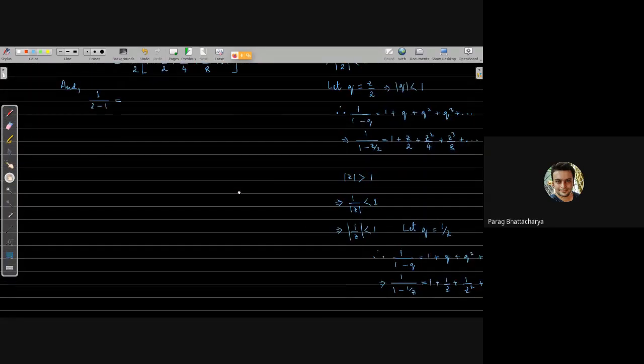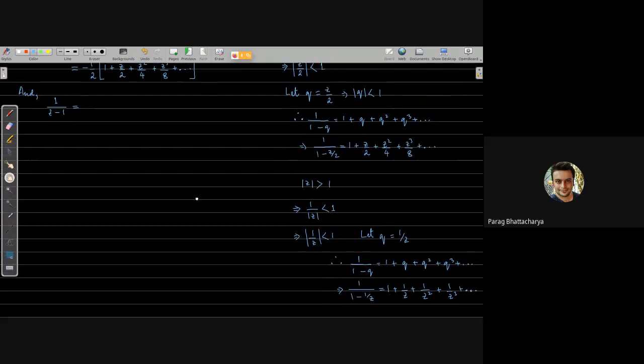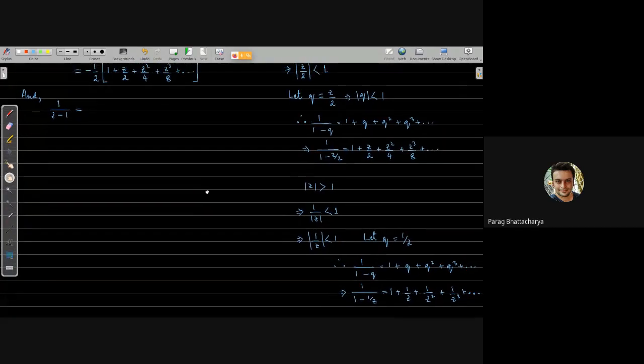Now, how do we get this, 1 by 1 minus 1 by z? Somehow I need to get it in this way. How do I get this? What if I take 1 by z common? Then what will happen?